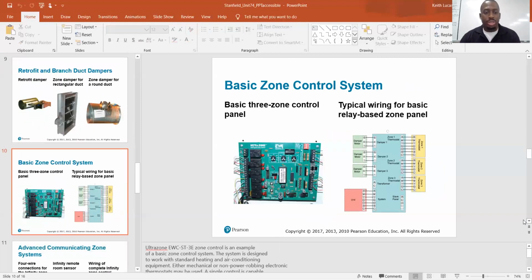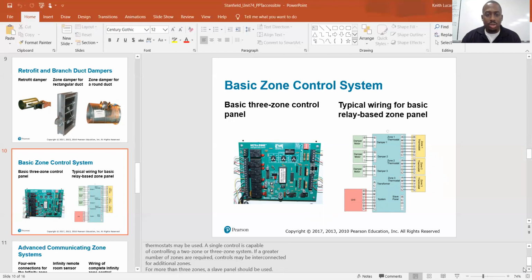Basic zone control system. So here are your zone boards. The Ultrazone EWC ST3E zone control is an example of a basic zone control system. The system is designed to work with standard heating and air conditioning equipment. Either mechanical or non-power robbing electronic thermostats may be used.